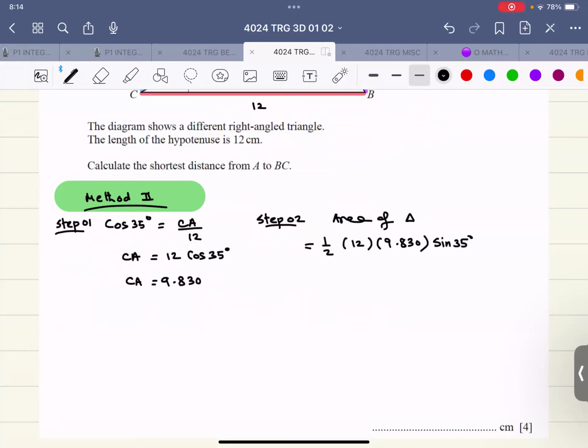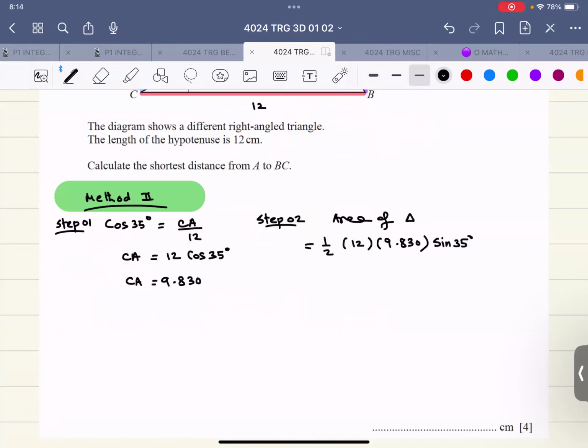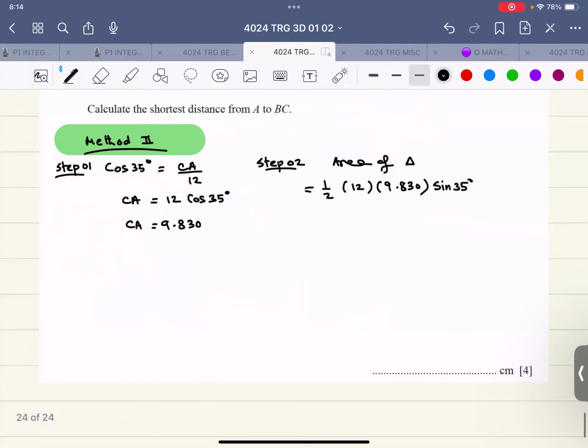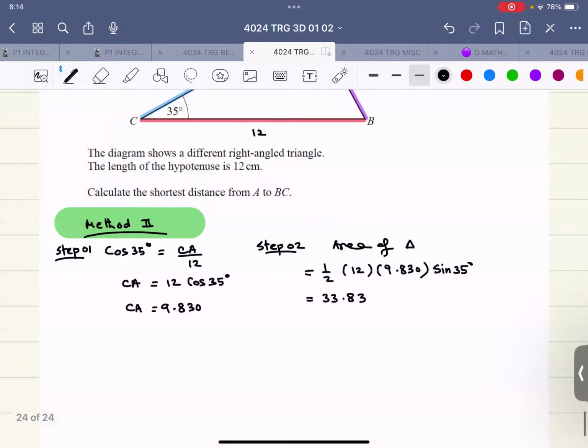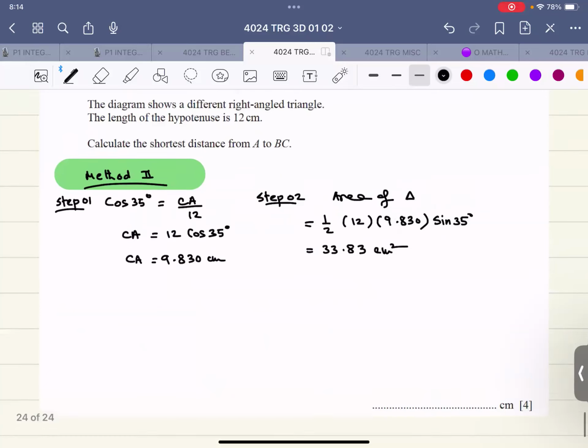So let me write 35, and then sine, and then 0.5, and then 12, and then 9.83. This comes out to be 33.83, and the unit is centimeter square.